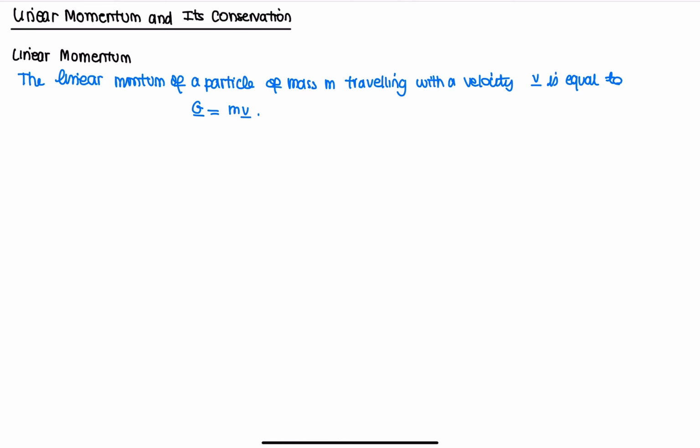Okay, and then the balance of linear momentum, or Newton's second law, Euler's first law, is F equals g dot. So the sum of the external forces acting on the system is the rate of change of the linear momentum.